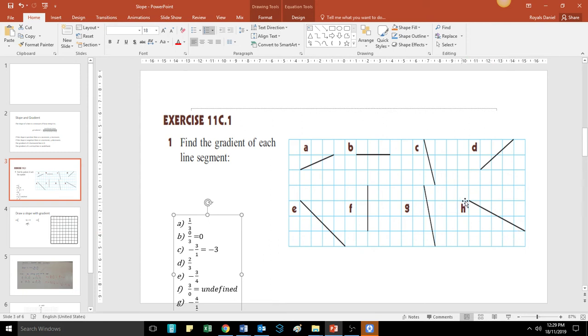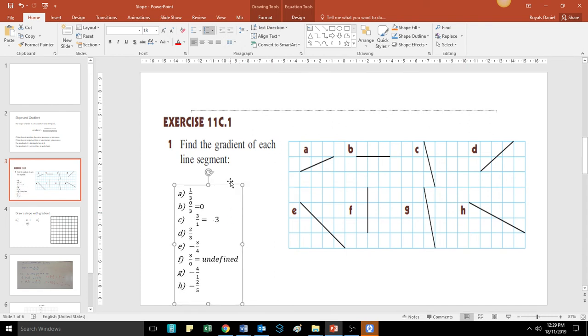So the slope would be negative 2 on top of 5 for the last one there. So that's how we find the slope from a line provided. We just find the change in y and divide that by the change in x, and we always start at the point furthest to the left.